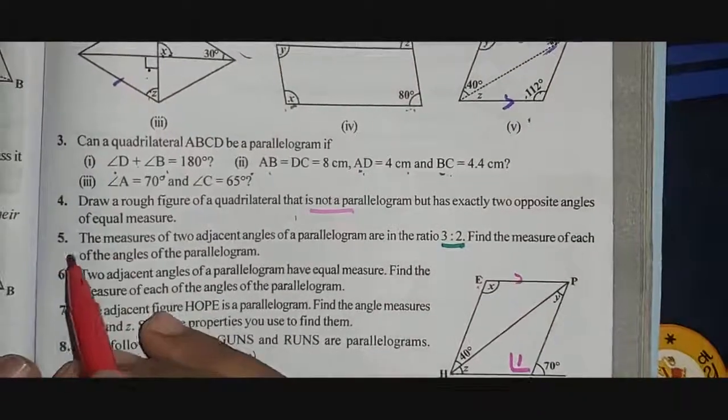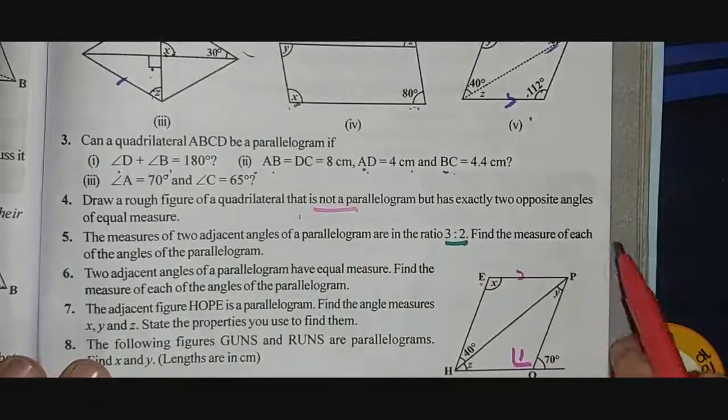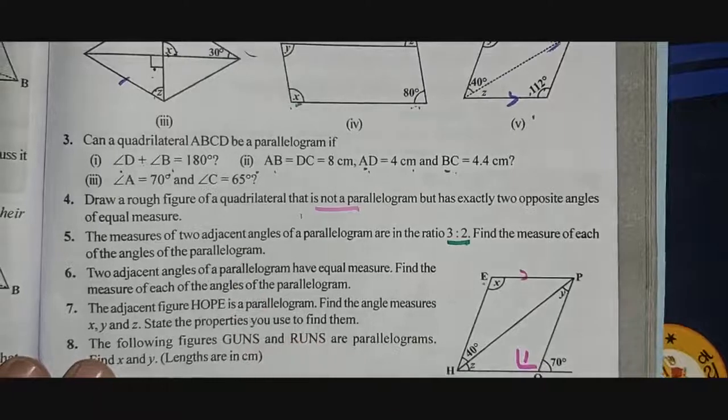Okay, here we have the fifth question. The measures of two adjacent angles of a parallelogram are in the ratio 3:2. Find the measure of each of the angles of the parallelogram, right?